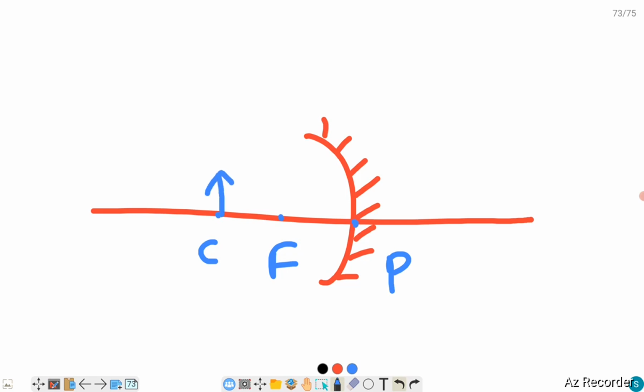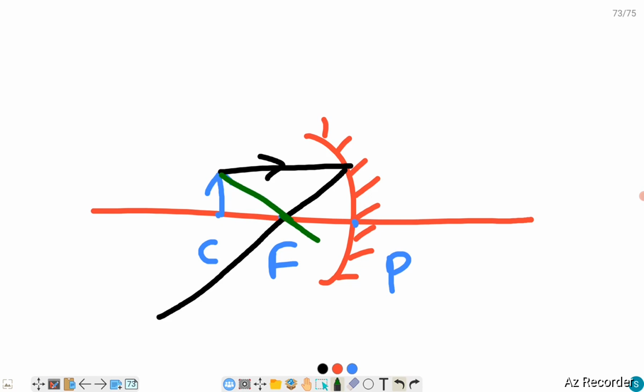The first ray is parallel to the principal axis and passes through focus. Then the second ray, which is in front of the object, that means through focus, correct? When you take it through focus, after reflection it will be parallel to the principal axis.